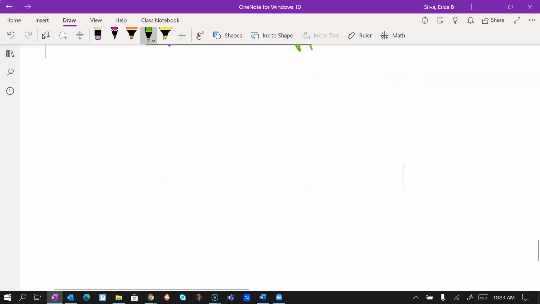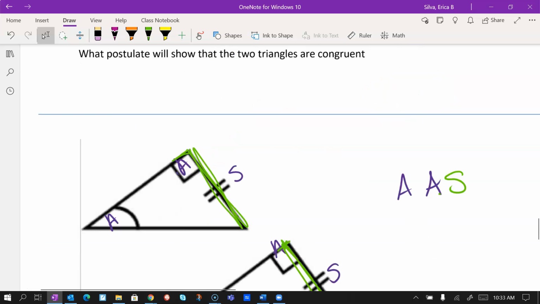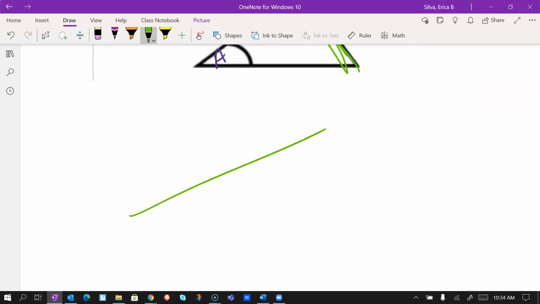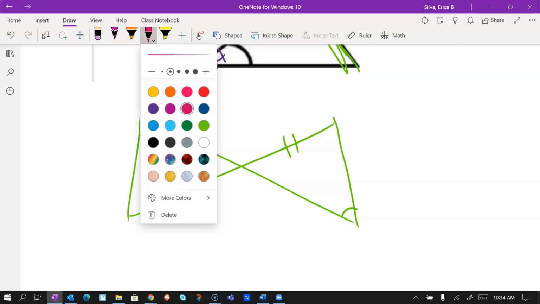All right. And then we're going to do one with angle, angle, side, side, angle, side, angle, side, angle. Okay, I'm going to create one for angle, side, angle. Let's say we had a problem like this.